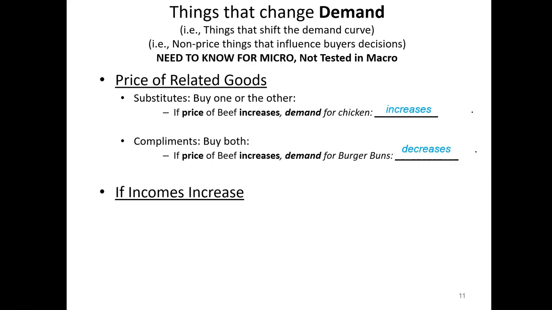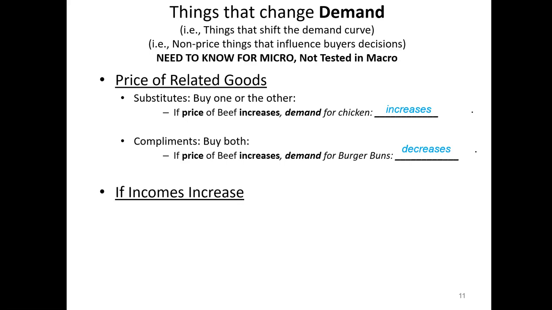So, complements and substitutes. Now, I highlight often that most things in microeconomics are very intuitive. If you think about them, you'd say, well, yeah, of course that makes sense, right? There's no rocket science behind it, but being able to think through this logically is a huge part of understanding how markets work and microeconomics in general.